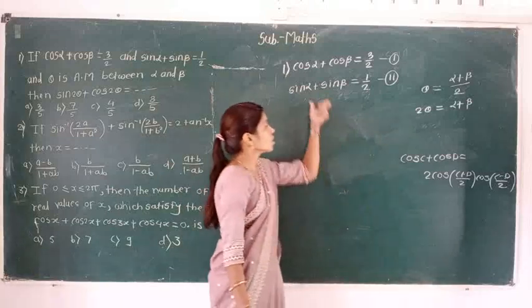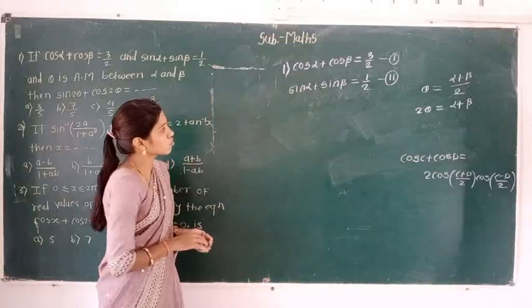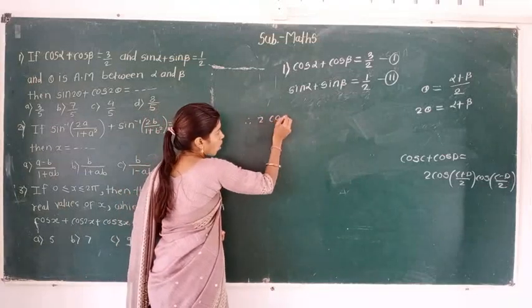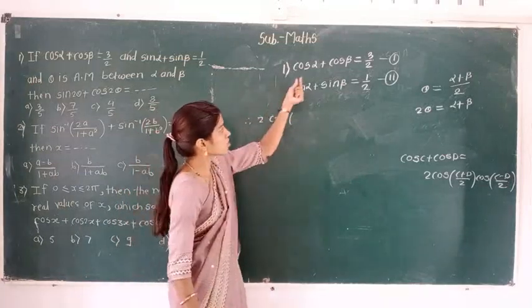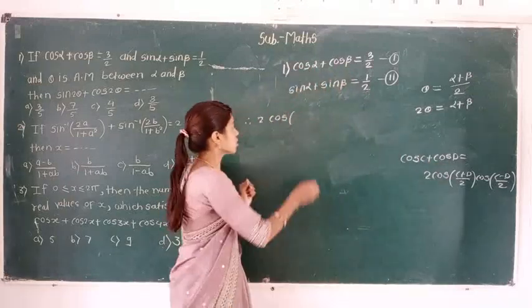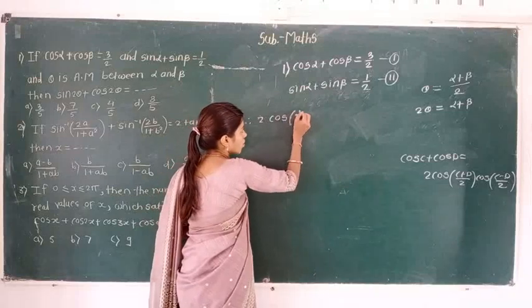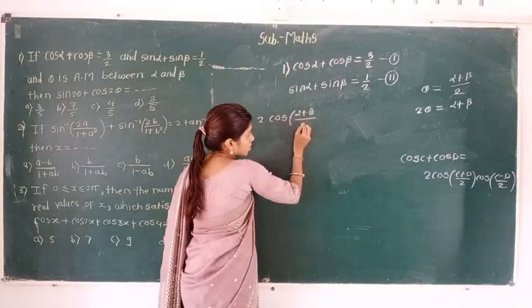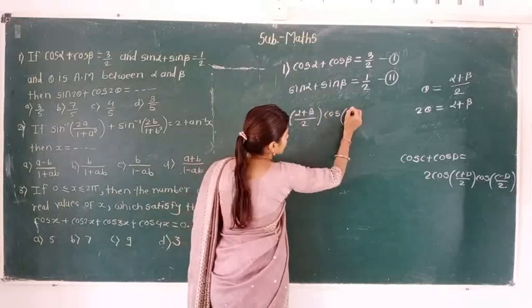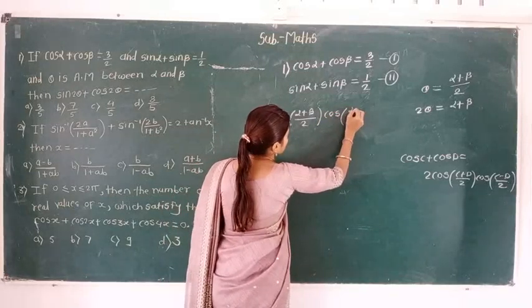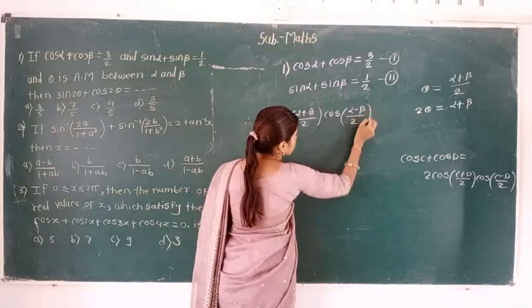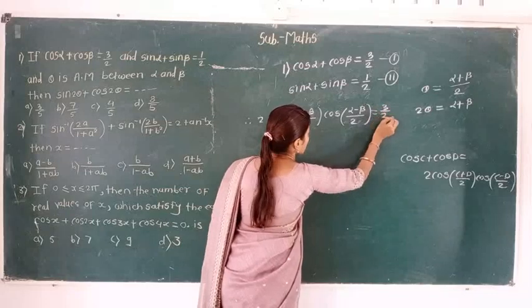So we can write 2 cos of (alpha plus beta) divided by 2 into cos of (alpha minus beta) divided by 2 is equal to 3 by 2.